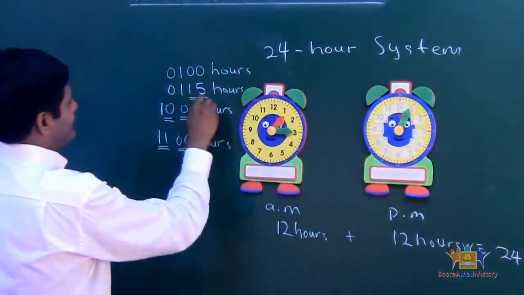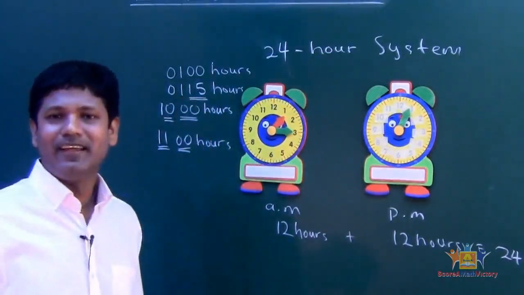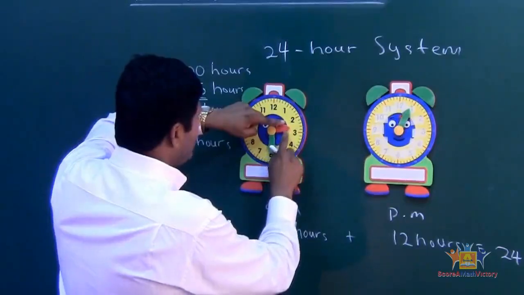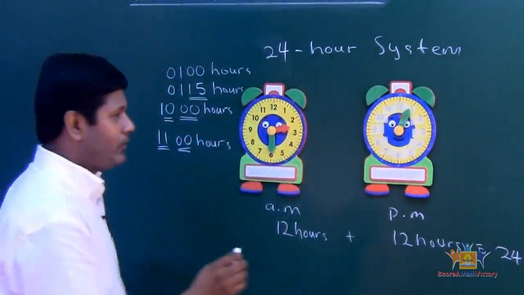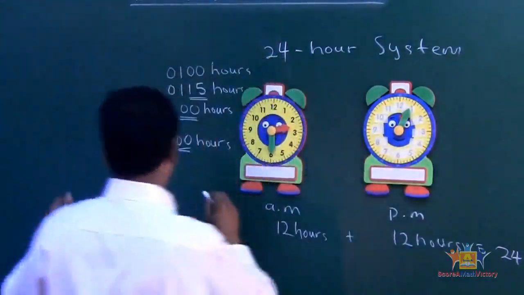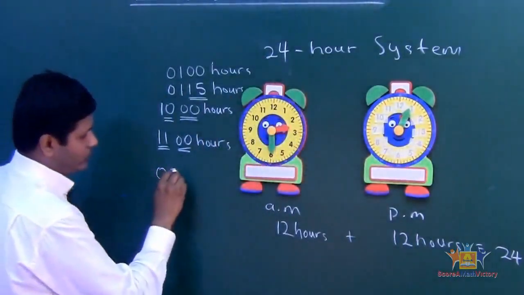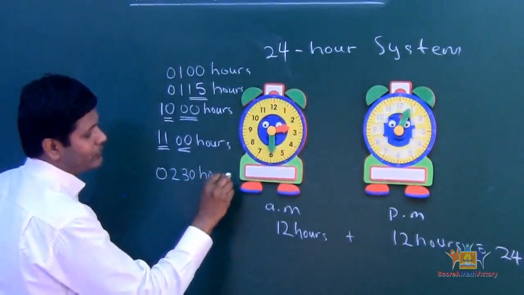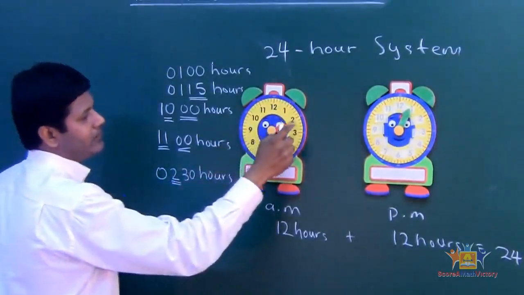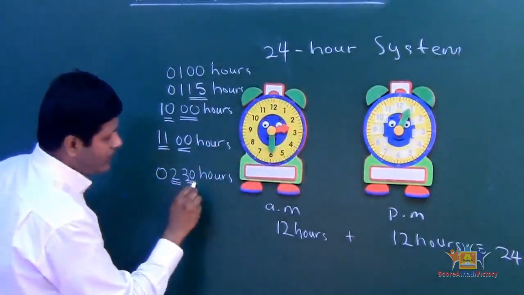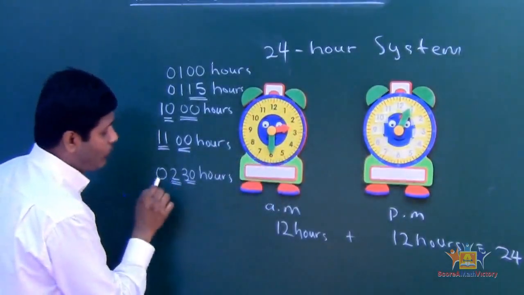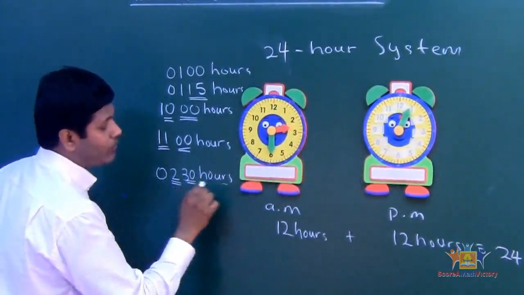Now if it's, let's say, 2:30, how do I refer to that? I say 0230 hours. The 2 represents the 2 o'clock. The 30 represents the 30 minutes. That's how you say 0230 hours. Very important.